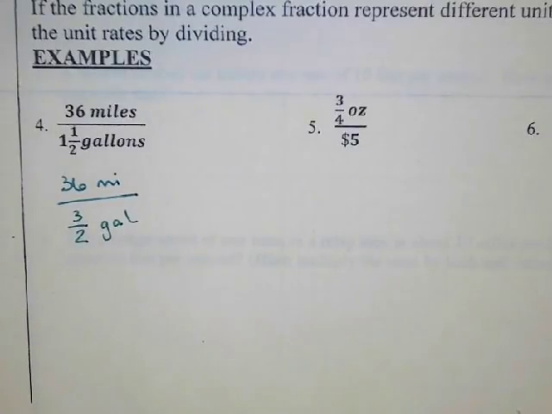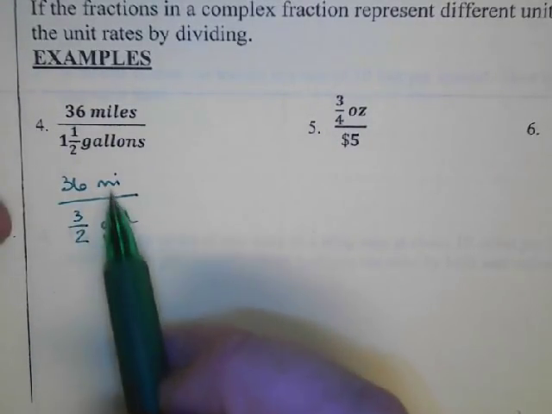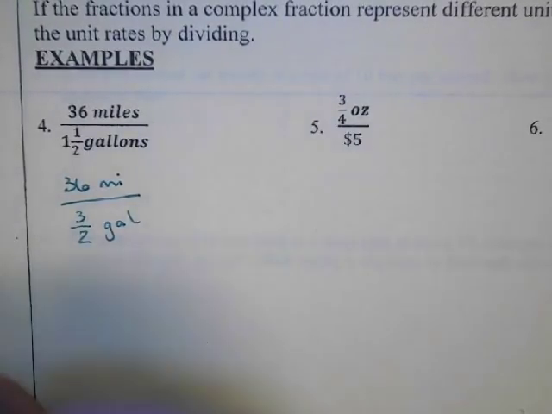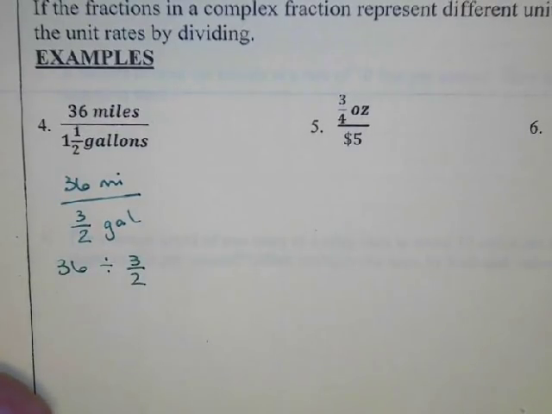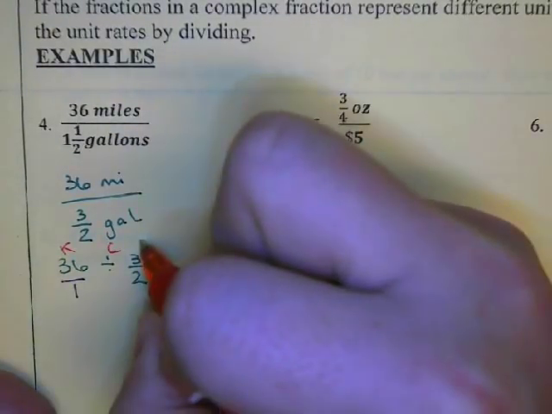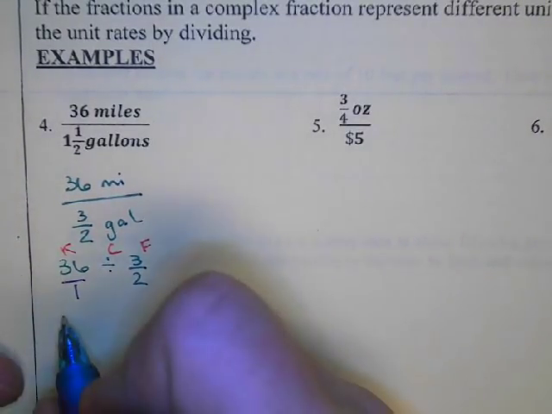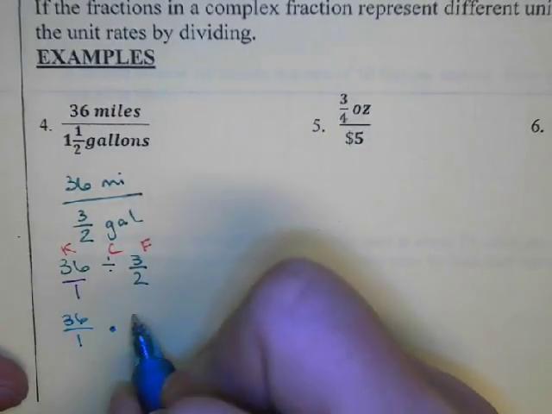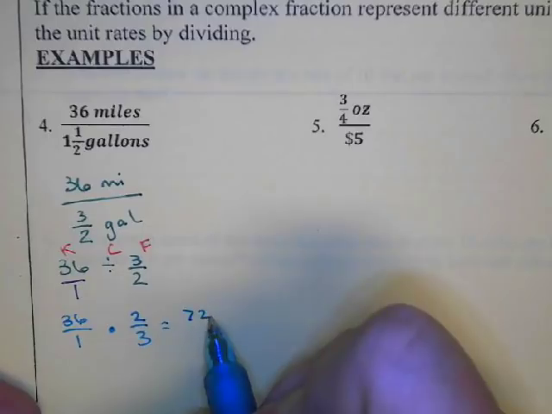Now when I do this division, I want to divide both top and bottom by that 3/2. So I'm really just going to take 36 divided by 3/2, and then I'll have my miles over gallons. So we'll go 36 divided by 3/2, write in our hidden 1, and do our keep, change, flip, and we'll get 36 over 1 times 2 over 3, which will equal 72 over 3.